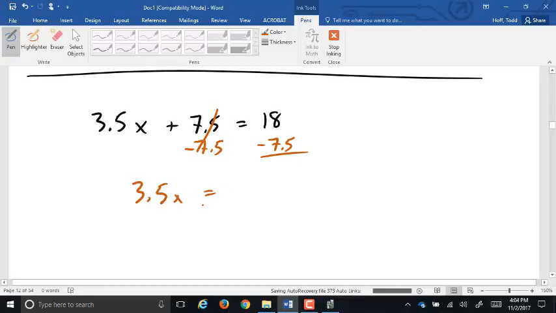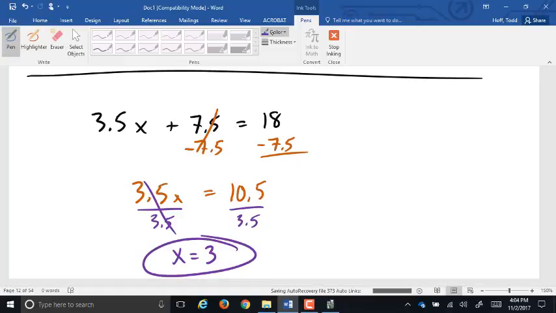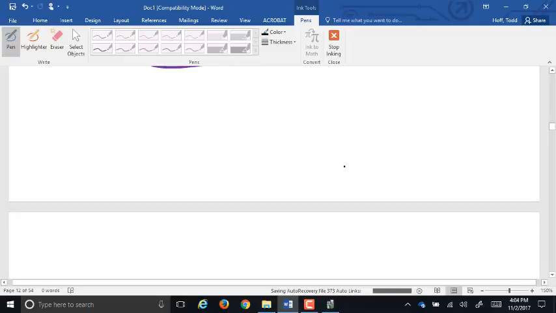On the right side, 18 minus 7.5 is 10.5. And then divide by 3.5. We get x equals 3. Very good.